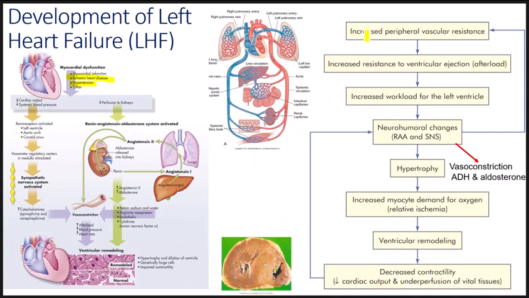So going to this flow chart here, we're starting with increased peripheral vascular resistance. And you can just put in brackets here, let's say atherosclerosis causing high blood pressure.